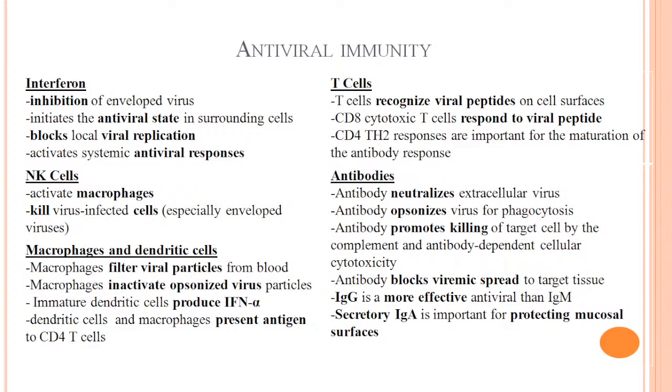So we can say that Th2 cells are responsible for activation of antibody production. And sure, antibodies also take part in antiviral protection. At first, antibodies neutralize extracellular viruses. It is very difficult, almost impossible, to neutralize intracellular viruses, the viruses that are present intracellularly in host cells.